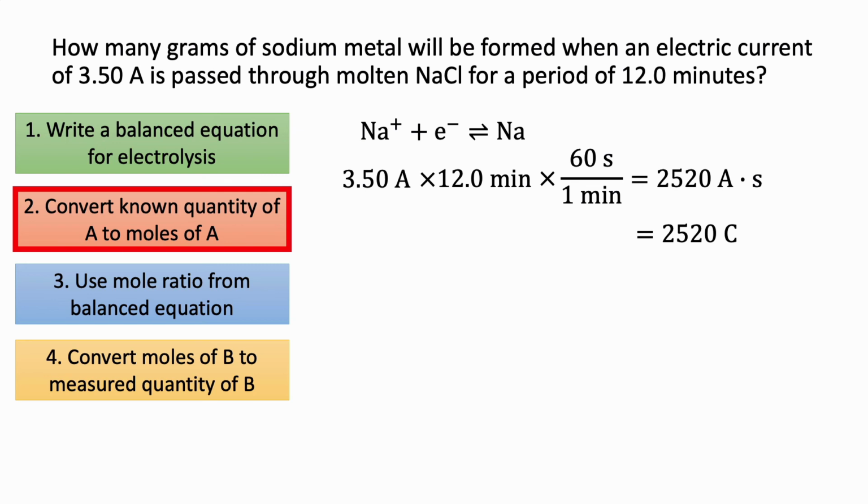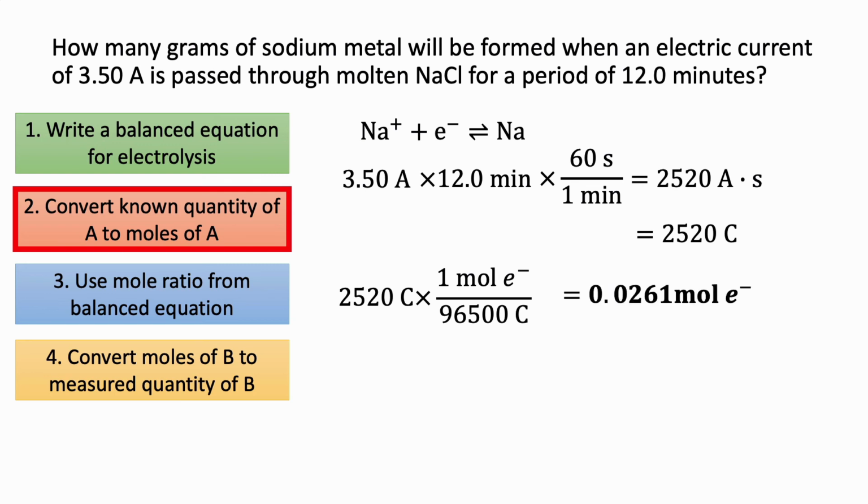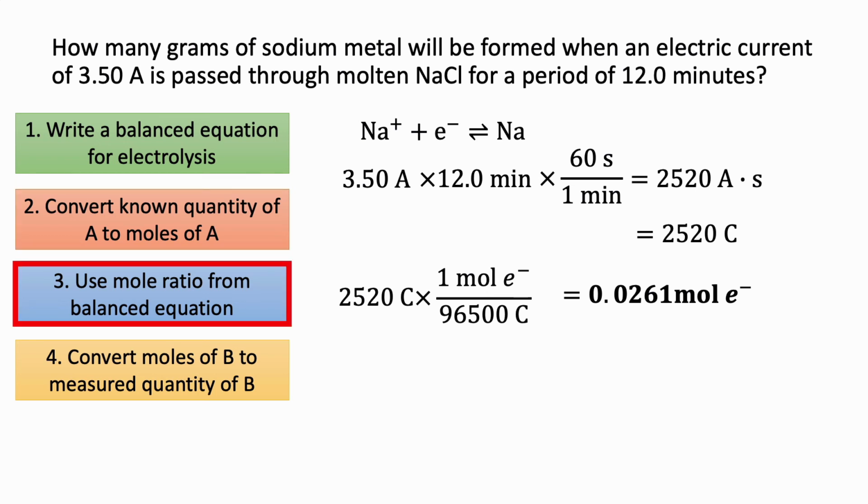And now we can use Faraday's constant to convert coulombs into moles of electrons. So now we have 0.0261 moles of electrons that are passing through our solution during these 12 minutes. Now we can use the mole ratio from our balanced equation to figure out how many moles of sodium that represents.